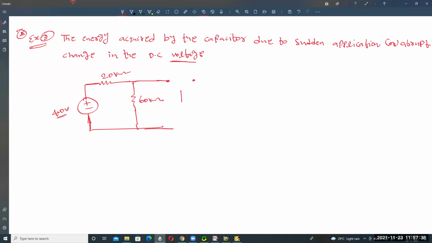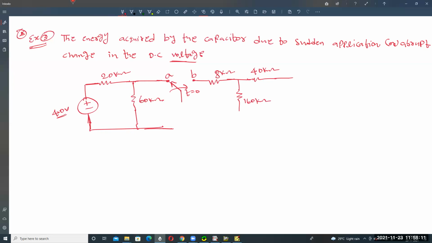So the switch is connected like this at t is equal to 0. This is called A and this is called B. This is the circuit, and this is one more resistor. The resistance values are 80 kilo ohms, 40 kilo ohms, and 160 kilo ohms.